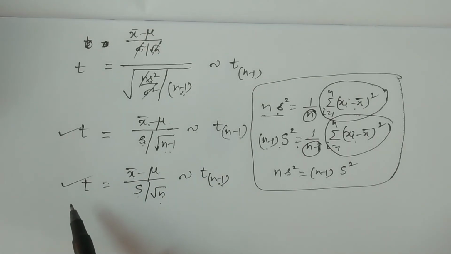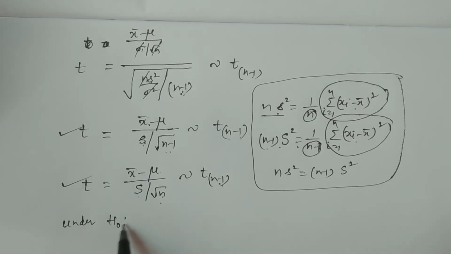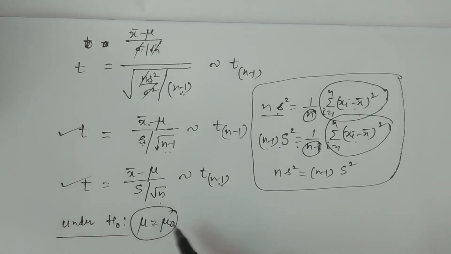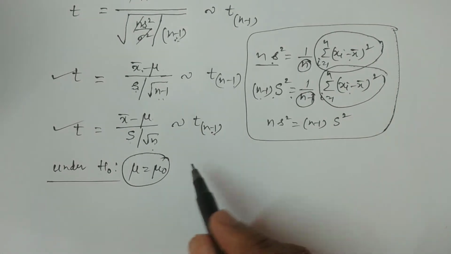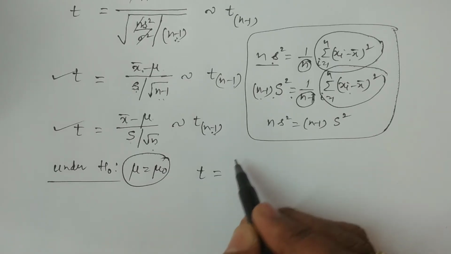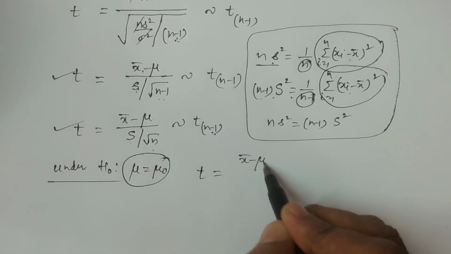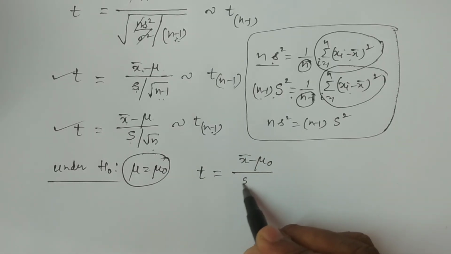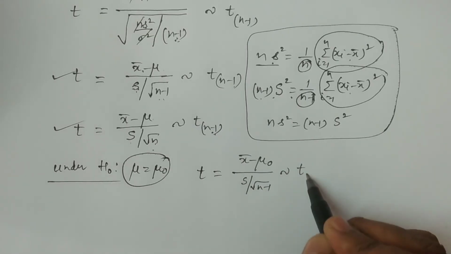So therefore, what is our test statistic under H naught? H naught is mu equal to mu naught. By replacing the value of mu with mu naught, the test statistic under H naught is t equal to x bar minus mu naught divided by small s by root n minus 1, which follows t n minus 1.